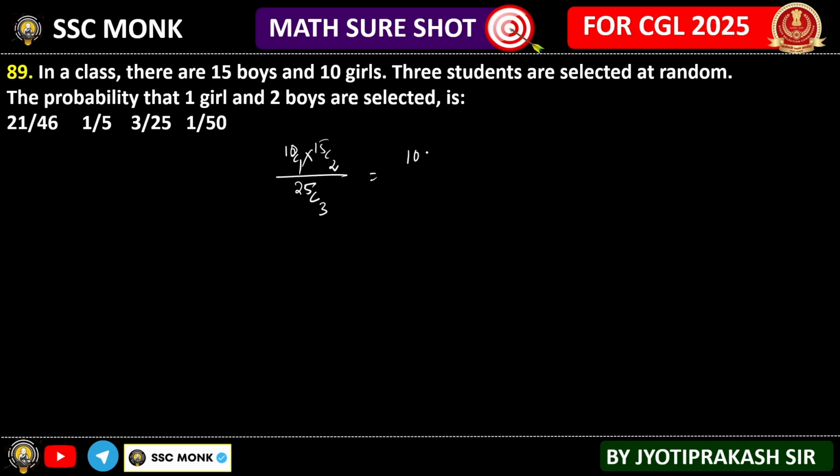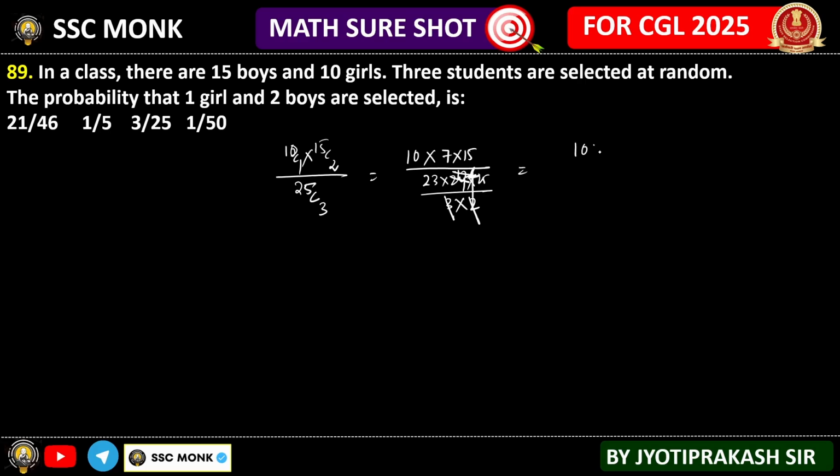So this can be written as 10 into 14 into 5 by 2, that is 7 into 15, divided by 25 C 3. So 23, 24, 25 divided by 3 into 2. 2 12s are 24. 3 4s are 12, my bad. Okay, so what is the answer?